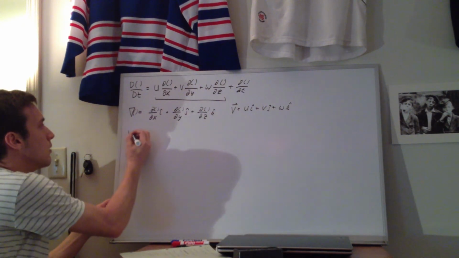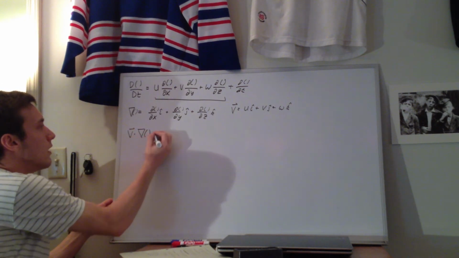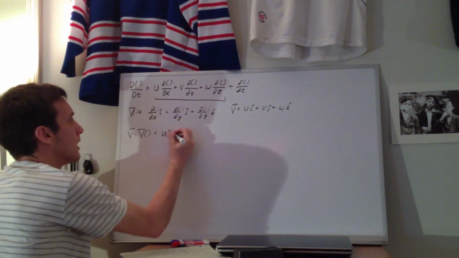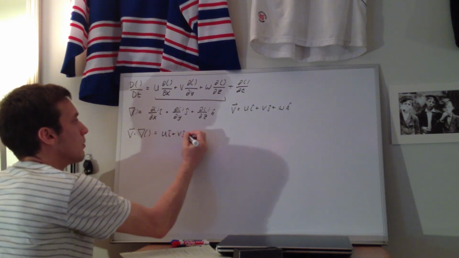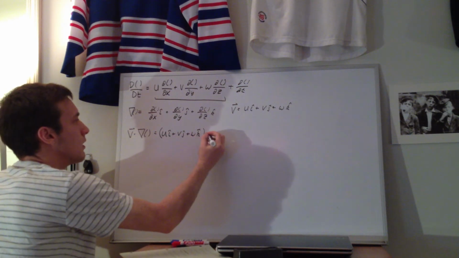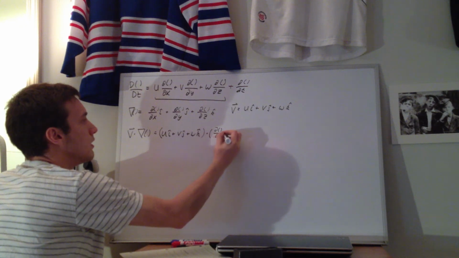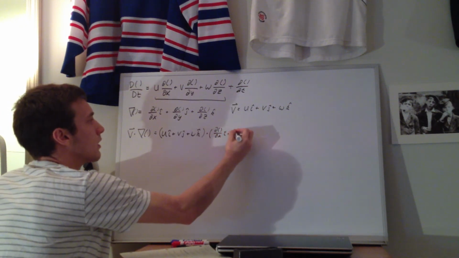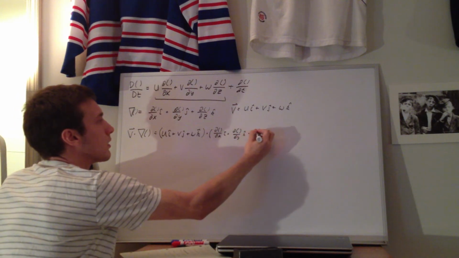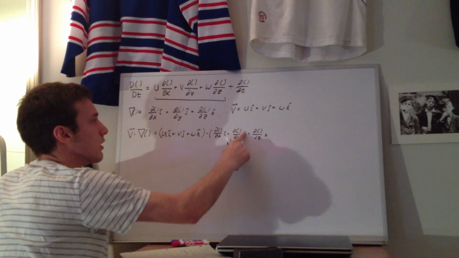So it would be V dot del, and that would be ui plus vj plus wk, that's our V, dot product with d dx i plus d dy j plus d dz k.